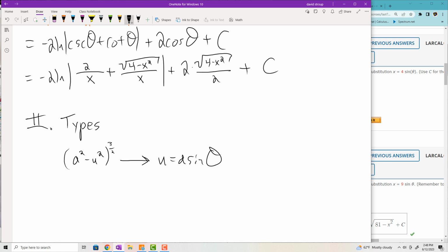It's just so things work out so you can replace them using those Pythagorean identities. So basically, we had sine squared plus cosine squared is 1. But then if you divide everything by sine squared, you get 1 plus cotangent squared is cosecant squared.